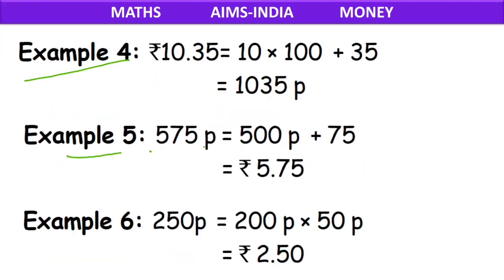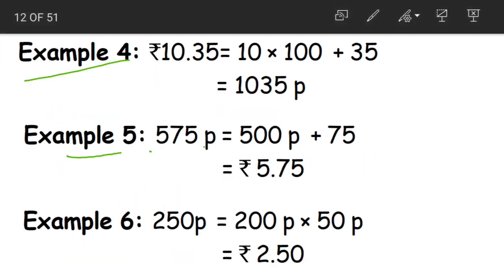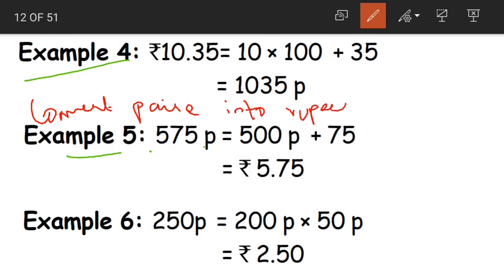575 paise, and in example 6 we have 250 paise. Here the question is missing. It should be convert paise into rupees. See, in the questions what do we have? We have 575 paise and 250 paise.